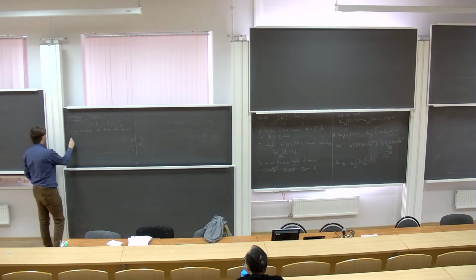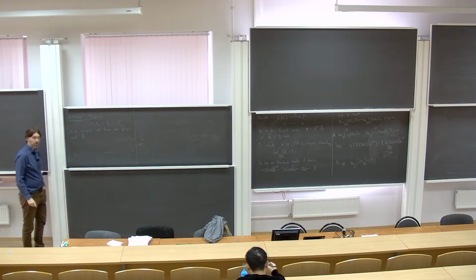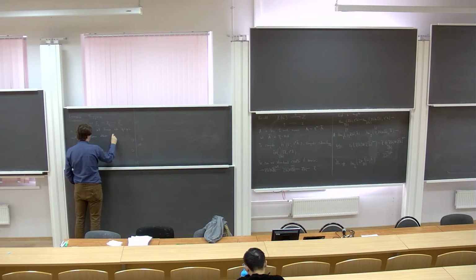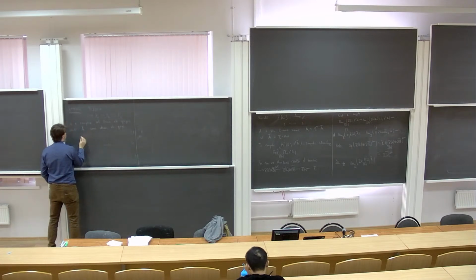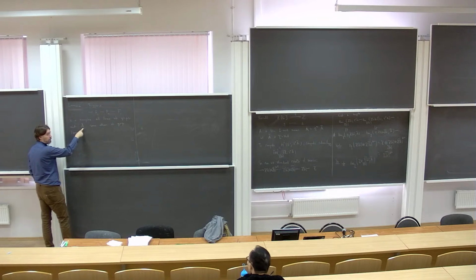Okay, and A bar is some other abelian group. Form the complex that you get by homming into A bar.